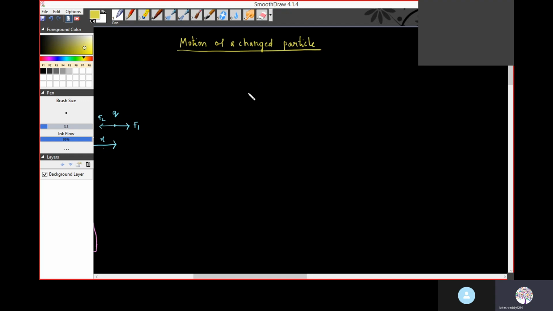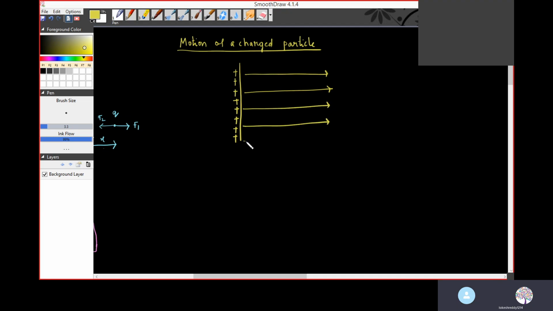So now we'll consider an electric field. Electric field means you have to imagine a straight current carrying conductor in which positive charge is given. Then it produces a uniform electric field.